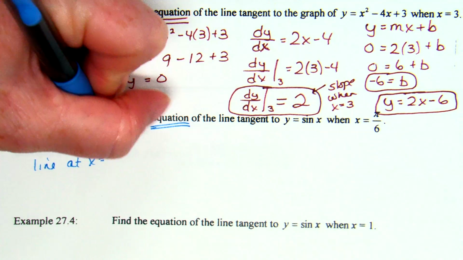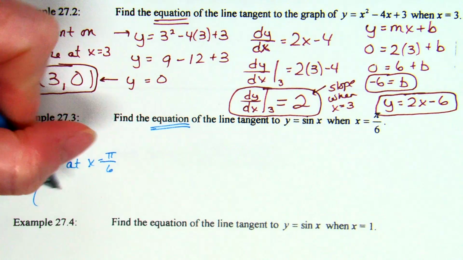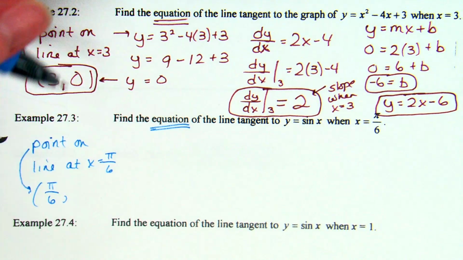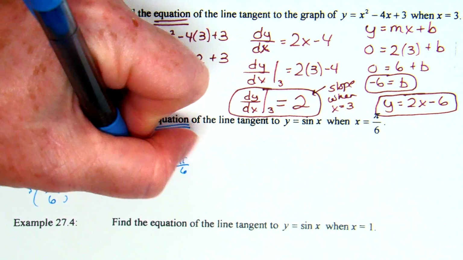So how do I find that point on the line? Right now I know my ordered pair is pi over 6 comma something. Plug it into your original equation. So if it's y equals sine x, y equals sine of pi over 6.